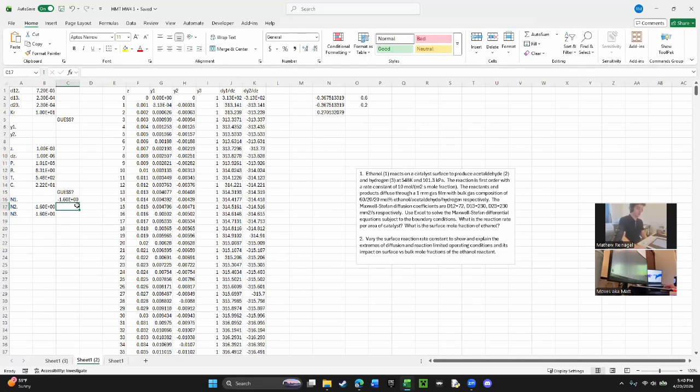This should be negative because it's being consumed in our system. So it's negative. So if we take the absolute value of our N1 and divide it by our rate constant, which is 10 in this case, we should get an actual Y1 function, which looks something like this.